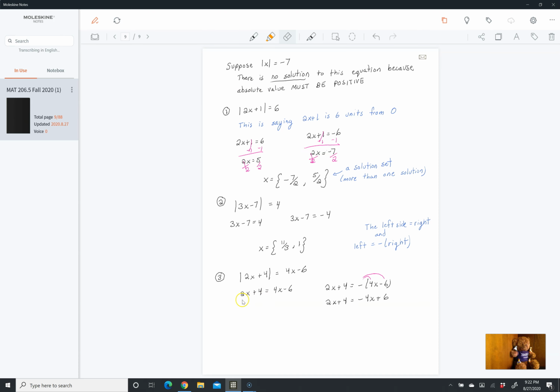And then if we solve this equation, we can subtract 2x from both sides and add 6 to both sides. The 2x's cancel. The 6's cancel. And you get that 10 is equal to 2x. And then divide both sides by 2, and you get that x is equal to 5 there.